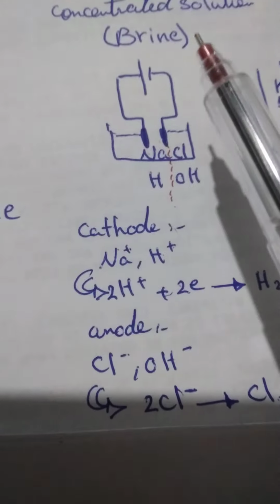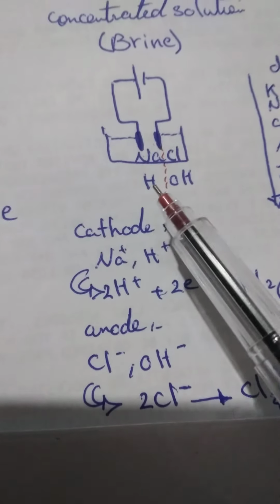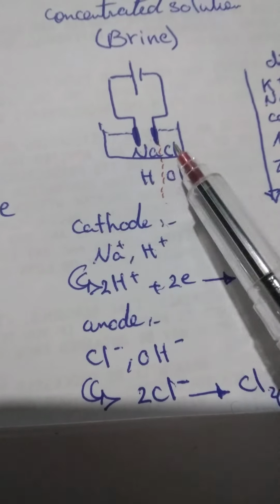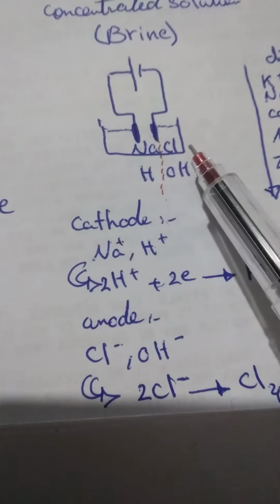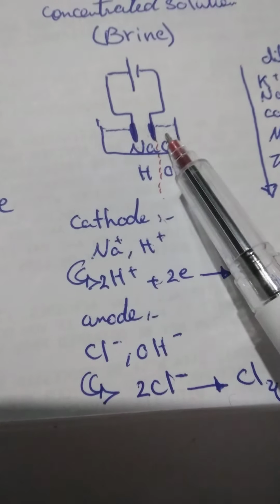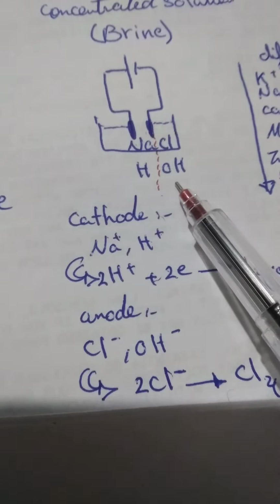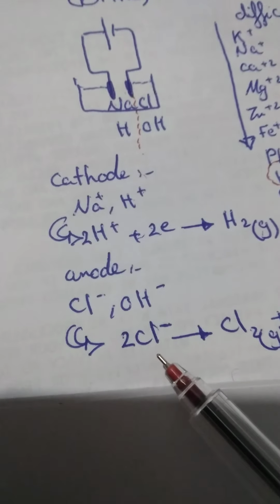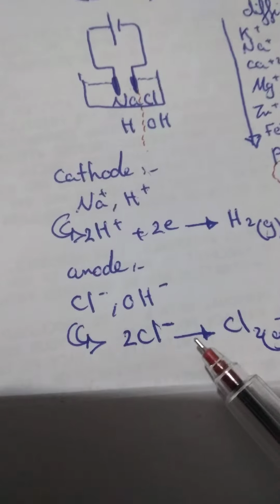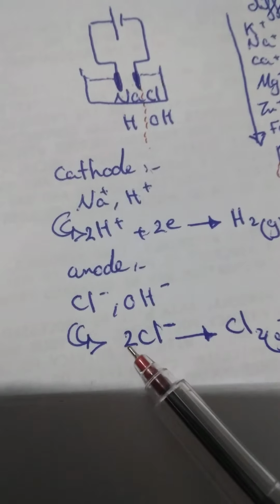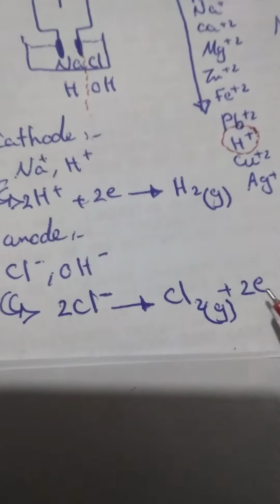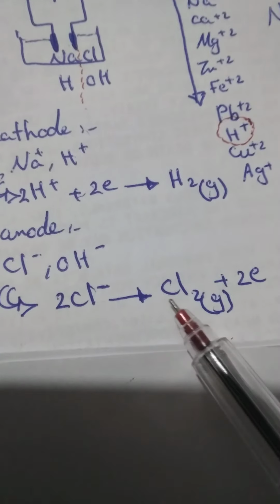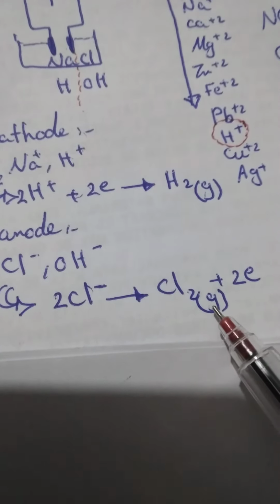We have brine, which means we have less water and more sodium chloride. So we expect chloride ions to be in higher concentration than hydroxide ions. So the higher concentration ion will be discharged at the anode, where two chloride ions lose two electrons to form one molecule of chlorine gas.